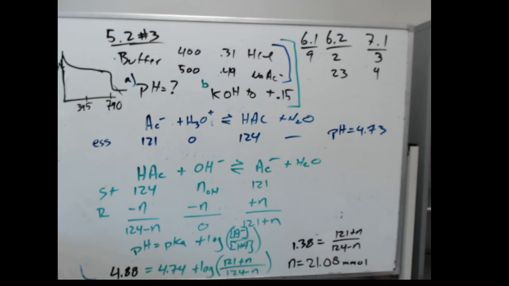Okay, so that is how we do 5.2 number 3. Now, these buffer problems, to keep in mind, that is a lot. If you want to see people's jaws drop, do a buffer calculation for someone who's in Chem 127, and their minds are blown. It's incredible to me that it's 20 weeks later, and you're like, oh yeah, buffer calculations.